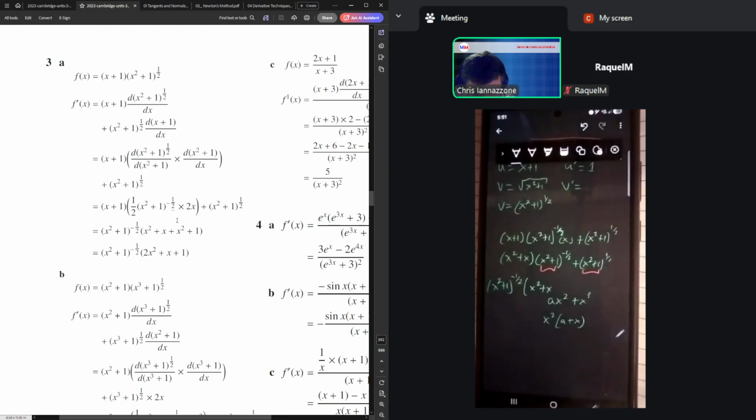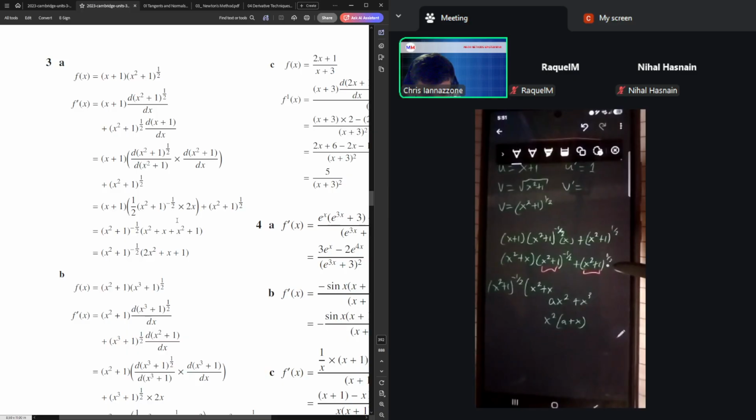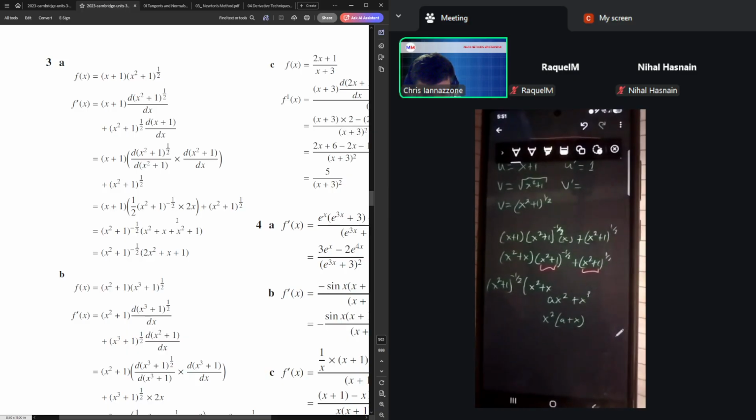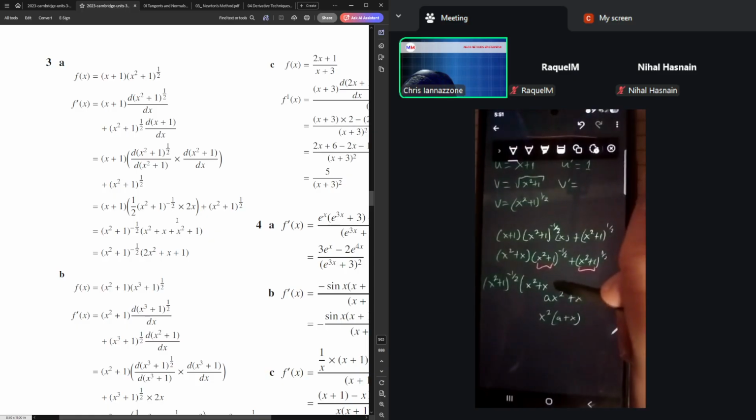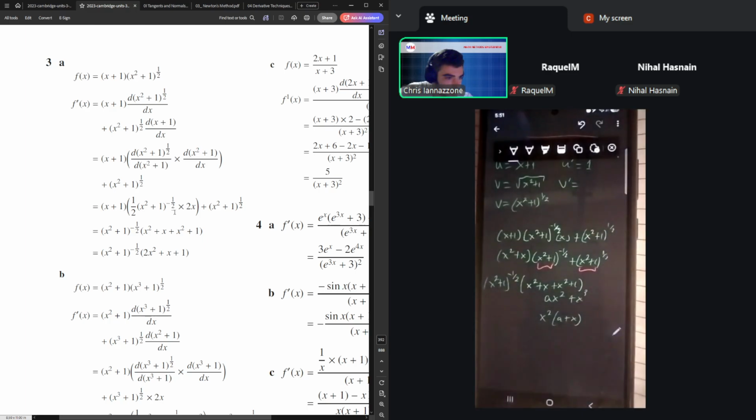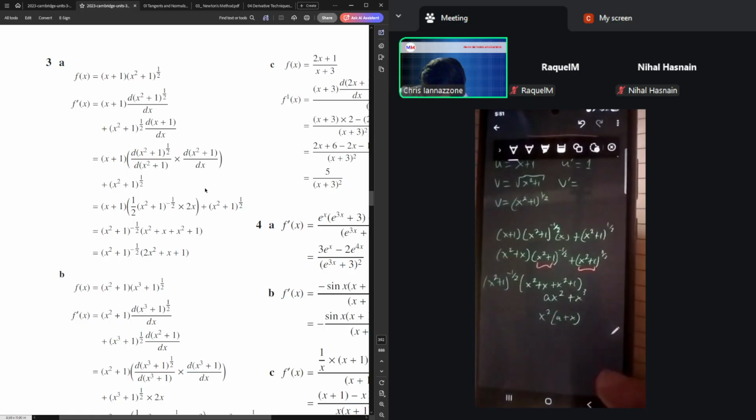You end up with now an index of 1. So because it's index 1, you can basically ignore the power from here and just have plus x squared plus 1 again. And if we check exactly what's in the answer sheet, that's how that's going to be. You got the x squared plus x, and you got the x squared plus 1. And then obviously from there you got 2x squareds in there, so you just combine those together.